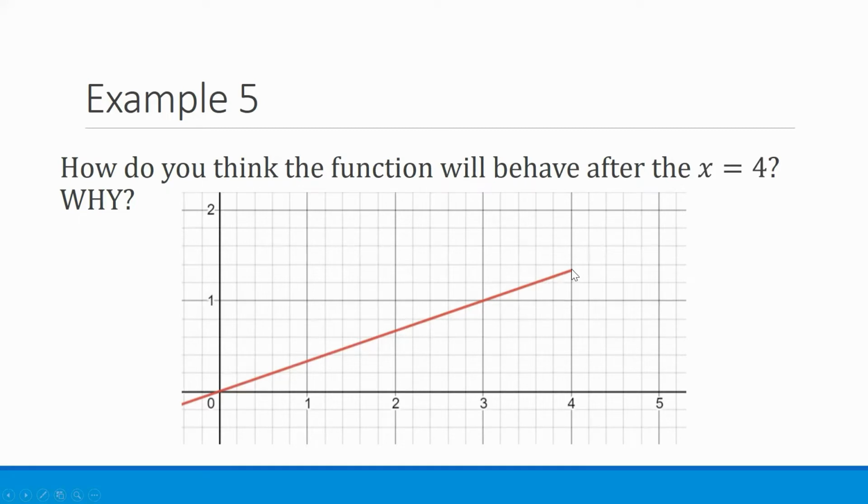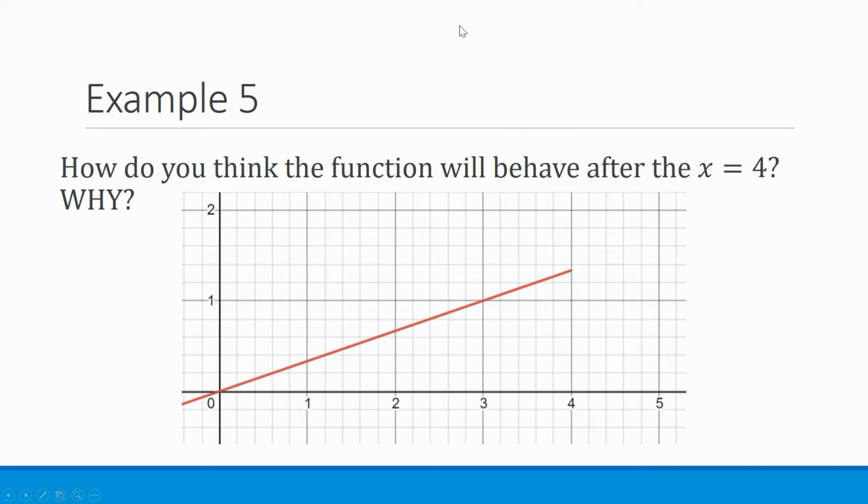Well, we could try to come up with the equation of that line. However, we could also say, well, what do you think? How do we think this pattern is going to extend past 4? How will the function behave after x equals 4?